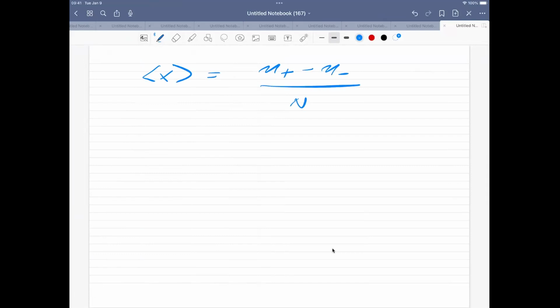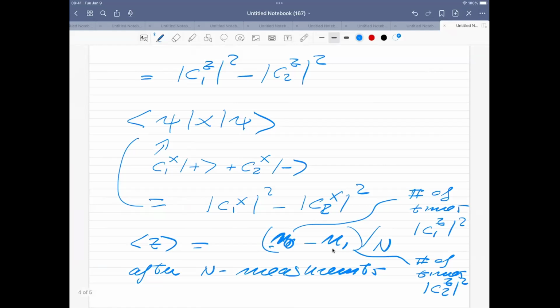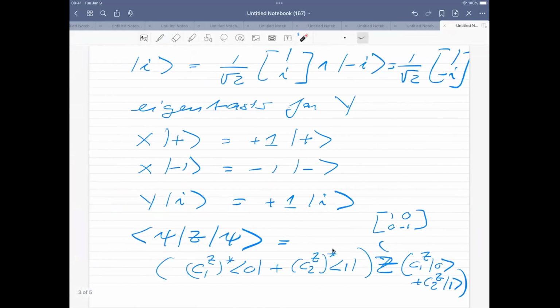Now, what you see here is that this setup requires in a certain way that we have been able to represent the state as this linear combination. If I have the Y gate, I would need a i state here and a minus i state. If I have the Z gate, I'm going to use these two basis states. So it becomes very clumsy and unwieldy.